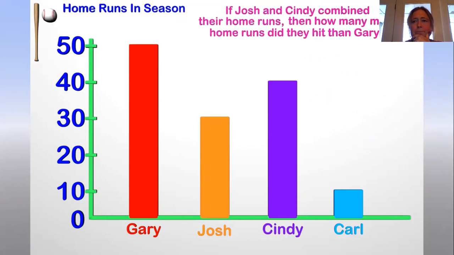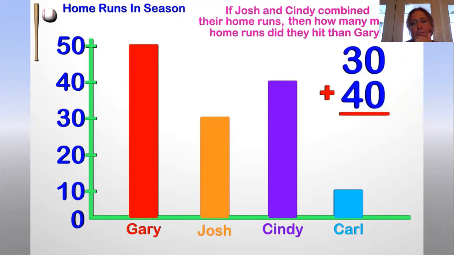Here is another problem that we need to solve. The problem says if Josh and Cindy combined their home runs, then how many more home runs did they hit than Gary? This question is a little bit harder because there are two parts to solve. How would you solve this problem? To solve this problem, the first step is to combine Josh and Cindy's home runs. Josh had 30 home runs and Cindy had 40. What is 30 plus 40? 70 home runs combined.